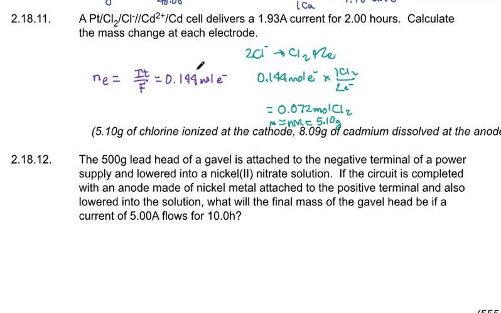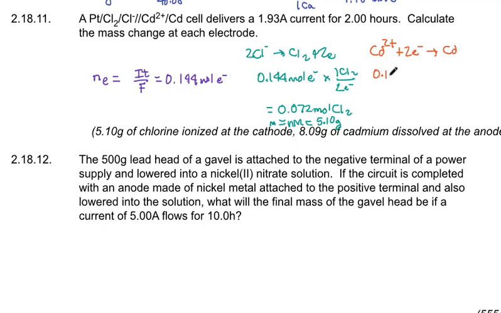On the other side, we get the same number of electrons. They're getting added instead of taken away, but it's still the same number, and that's what we care about. So, on the other side, we're taking cadmium ions and reducing them to cadmium metal. Cd²⁺ plus 2 electrons makes Cd.